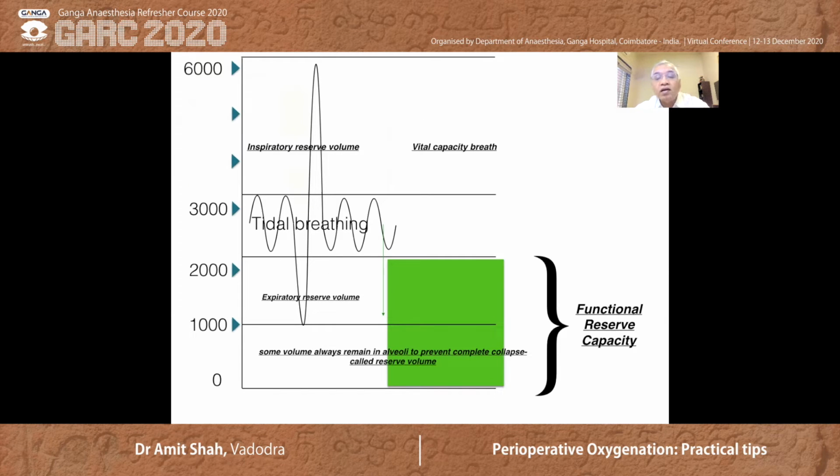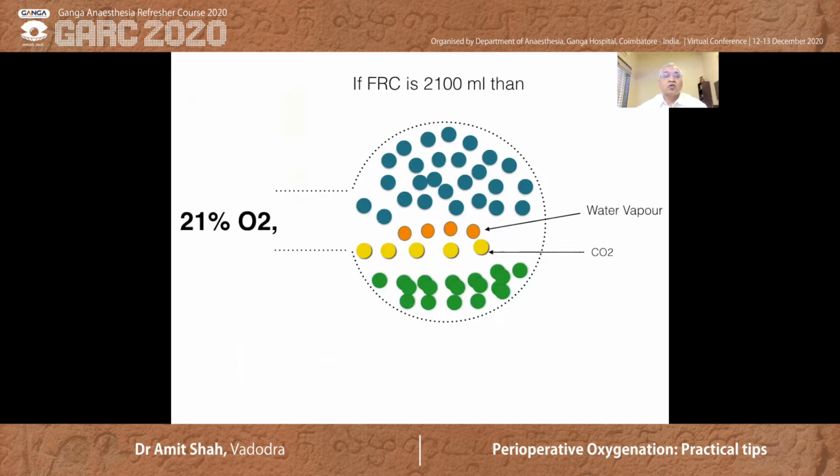And in the lung, when the patient is not breathing, the reserve is within the functional residual capacity of the lung. Consider the functional residual capacity as say 2100 ml, and if you are breathing air, that means the alveolar oxygen is only 13%, and the rest is nitrogen, water, and carbon dioxide.